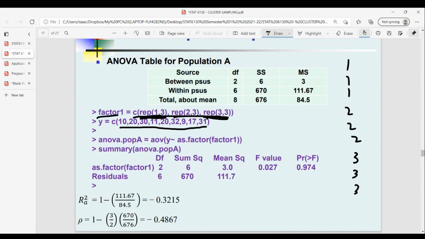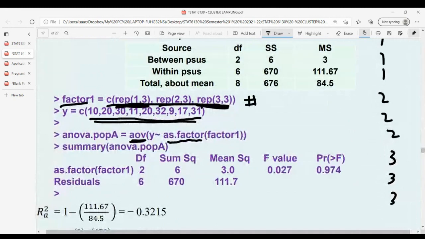Then I put in the data, my dependent variable, and I use aov to produce the ANOVA table. The factor variable has to be declared as a factor.